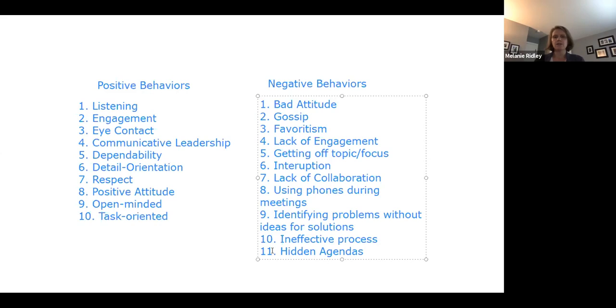Trisha, I also want to address a couple of things that came in through the chat that didn't quite make it on our list of negative behaviors, but I think is really important to call out. There were a couple of comments related to power imbalance. I think it came up under favoritism a little bit, maybe some belittling behavior, and then hierarchy.